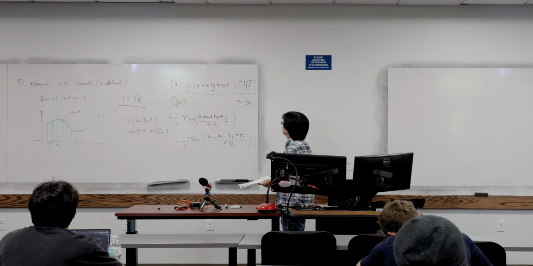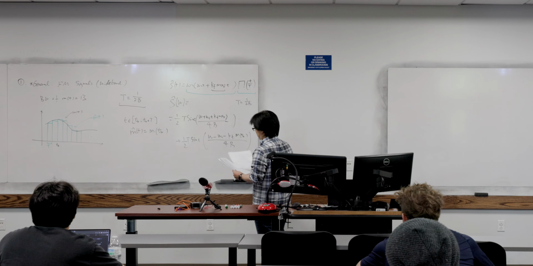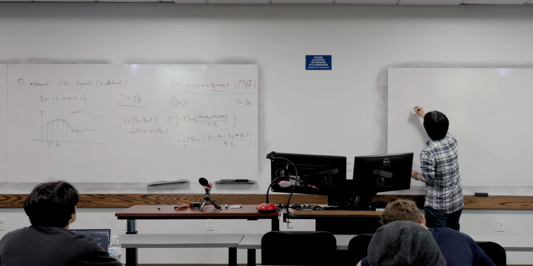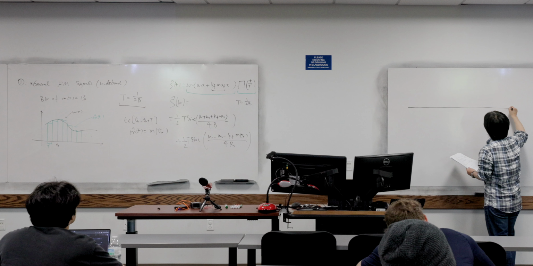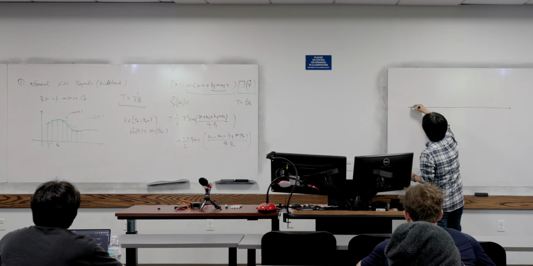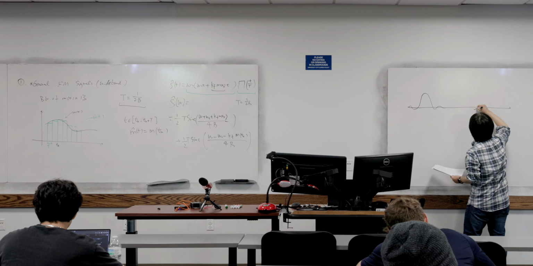So it's kind of simple. Now let's take a look at what it looks like. Let's sketch it. For a fixed k, it will look like this. We have a sinc signal here, and a sinc signal here.